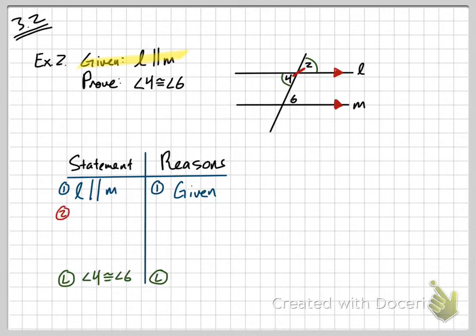So our second step, angle 2 is congruent to angle 4. Our reasoning is that they are vertical. Vertical angles are congruent. Next, we also know the relationship between angle 2 and angle 6.